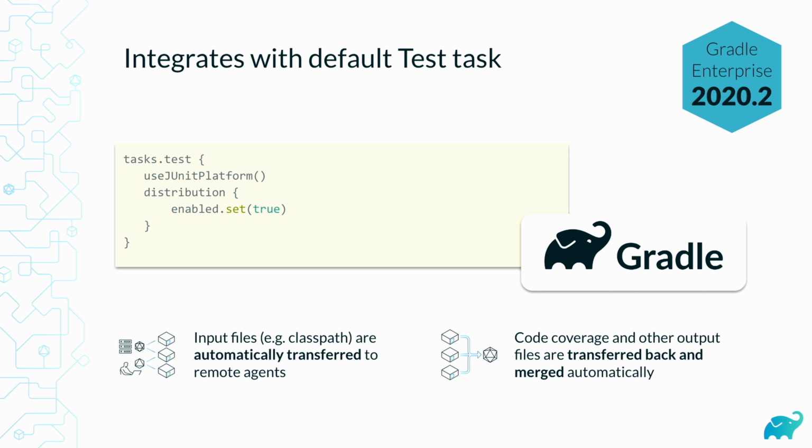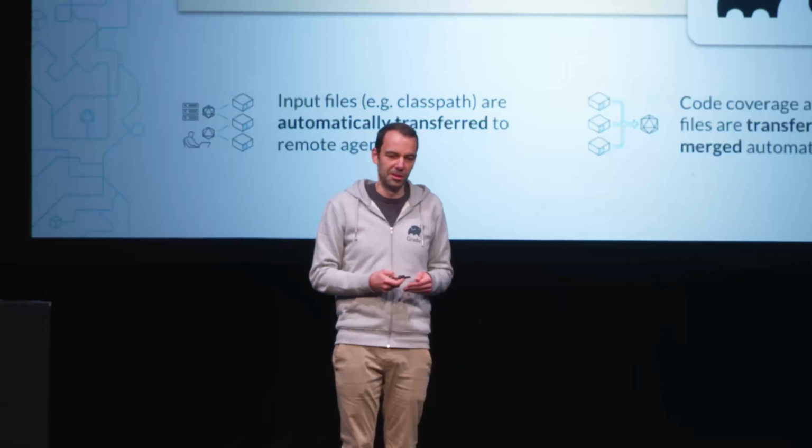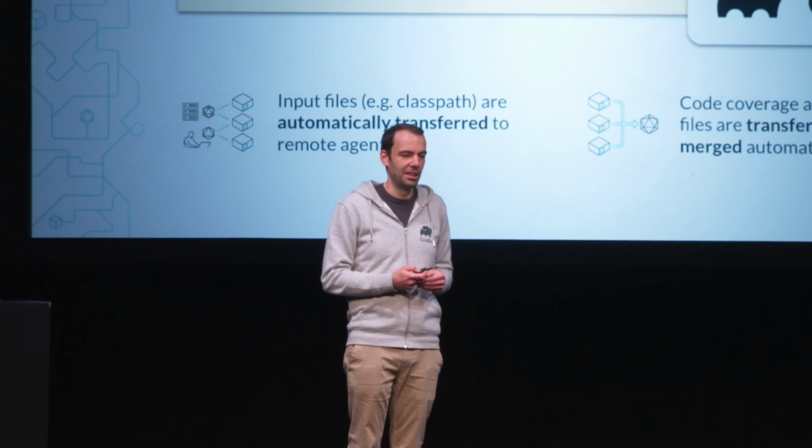So we knew which files we have to send back from the agent to the build and its local workspace. And for some files, we already knew how to merge them. For example, Jacoco coverage files are transferred back automatically and merged automatically. So this is totally transparent in that sense that you get one single Jacoco coverage in the end of your test task, regardless of how many agents were used.